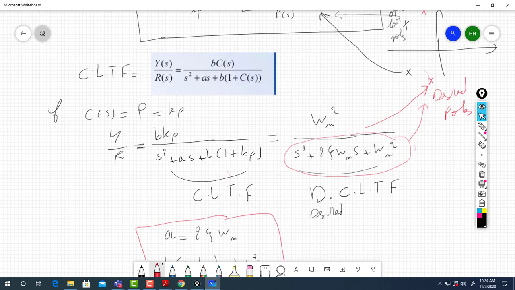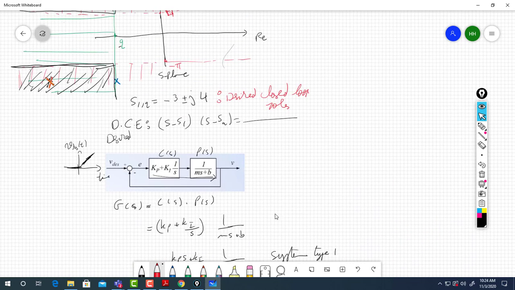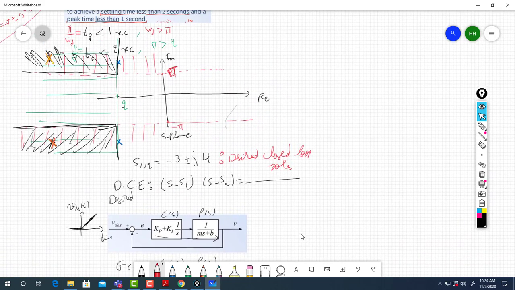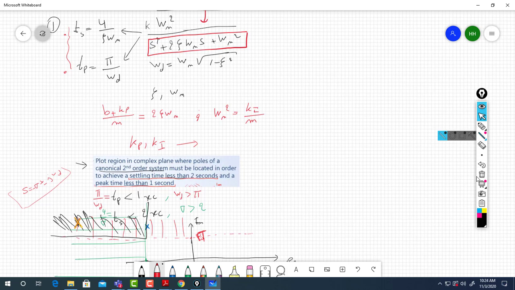We did it together. Let's go back to it. Yeah, you see here, for example, you design a PI controller, then you can set omega n and zeta independently.